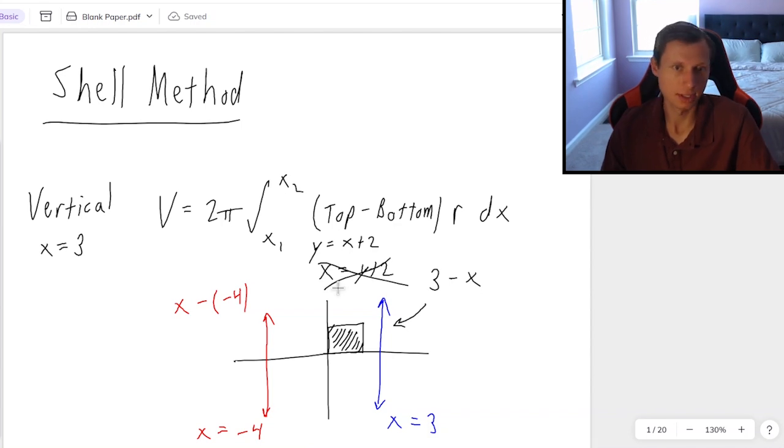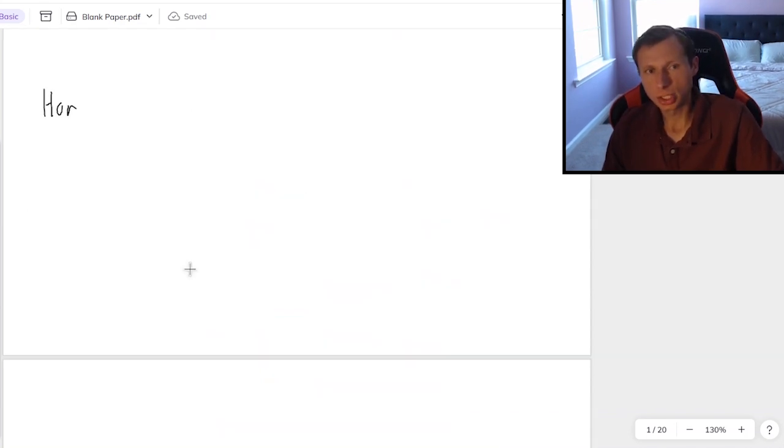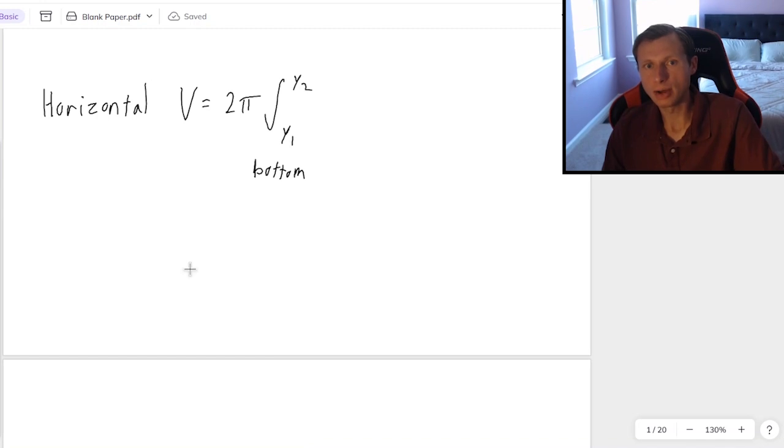Cannot be that. And then if the axis of rotation is horizontal, we're going to see something largely the same. It's going to be volume equals 2 pi times the integral from y1 to y2. This is going to be our bottom y value to the top y value.